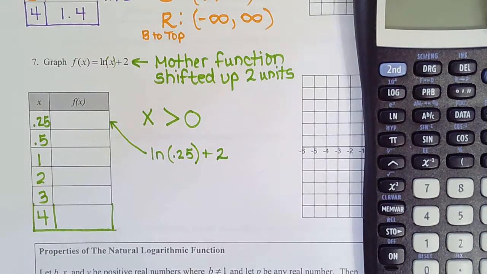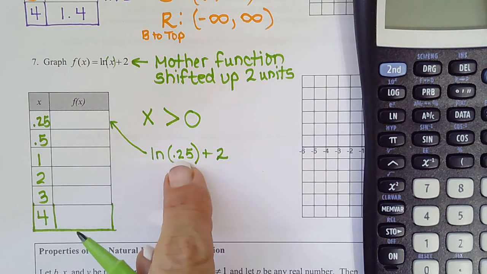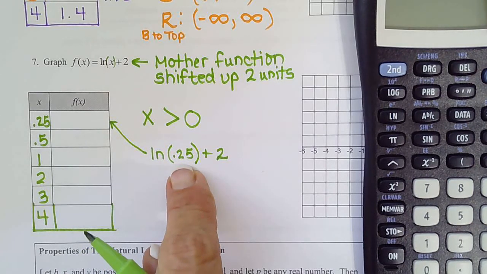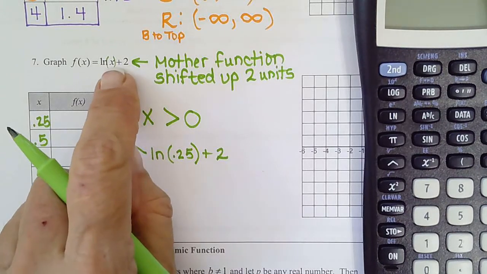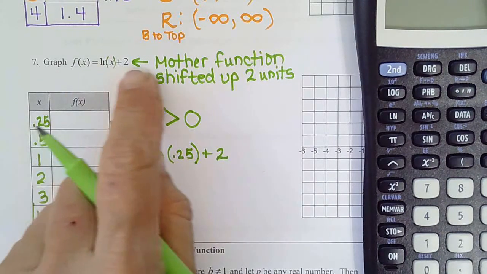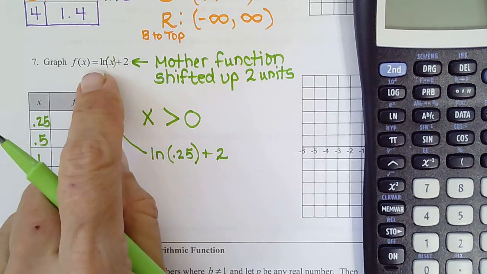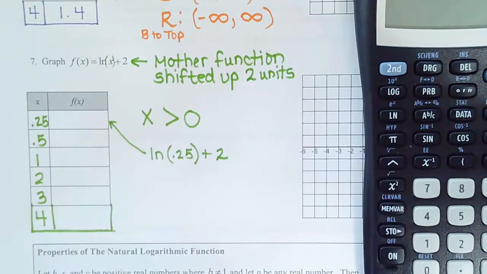Don't leave your parentheses open. You need to tell the calculator that argument is 0.25, not 0.25 plus 2. And so it's supposed to be assumed when you see ln x plus 2 that only the x goes with the ln unless there are parentheses around it.